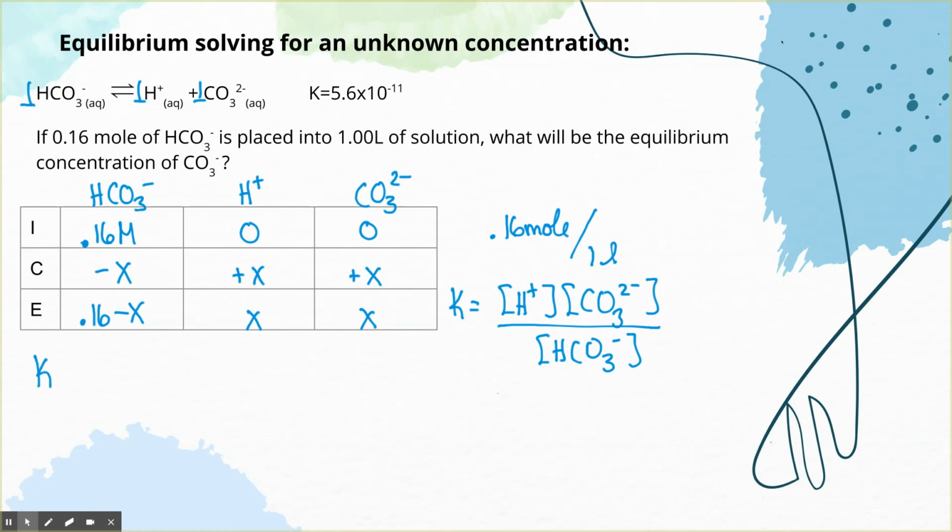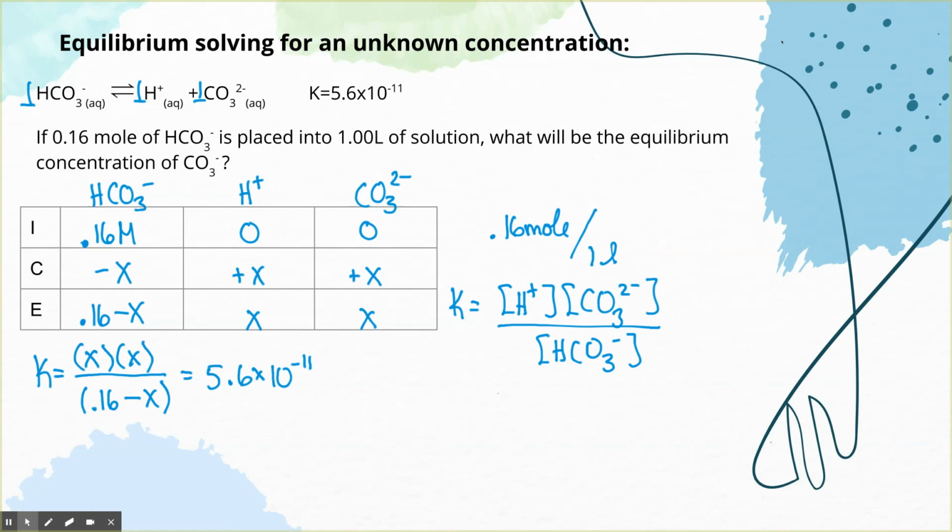So K is equal to x times x divided by 0.16 minus x. We know K is equal to 5.6 times 10 to the negative 11. And now, all we have to do is solve the problem.